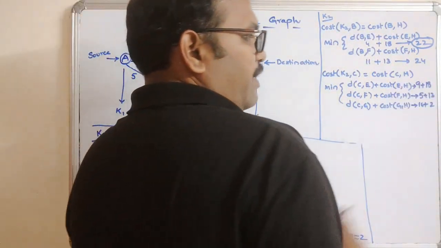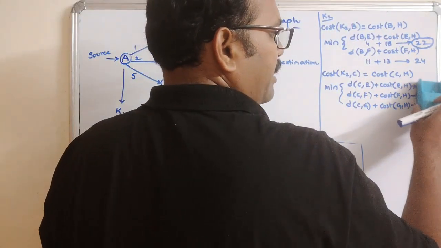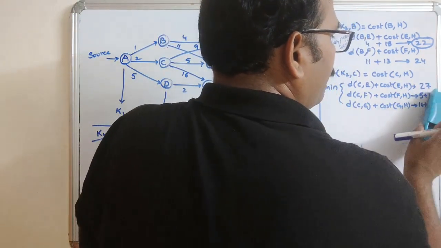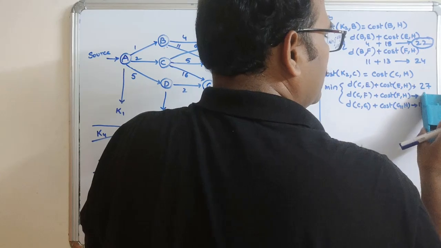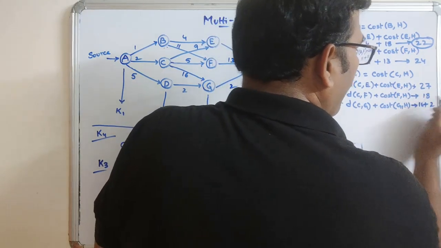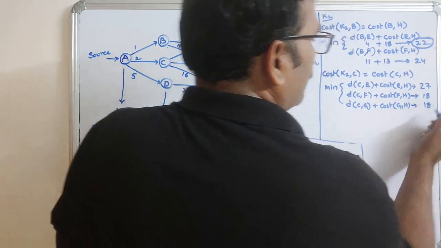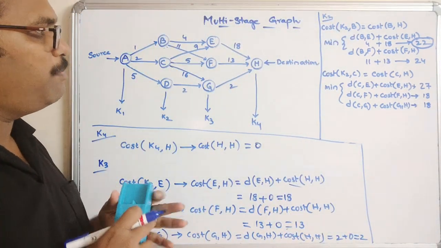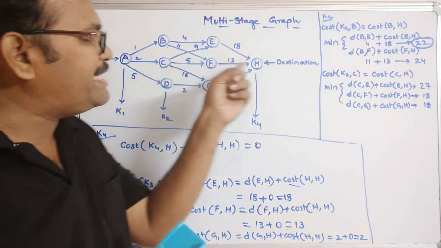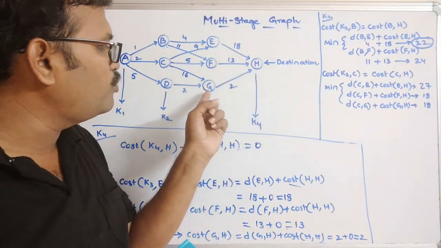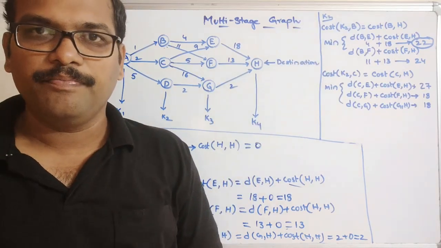This is 27, 9 plus 18, which is 27. 5 plus 13, which is 18. 16 plus 2, which is again 18. So we can consider 2 possibilities. One is reaching H through F or reaching H through G. Both are equal cost. Right.